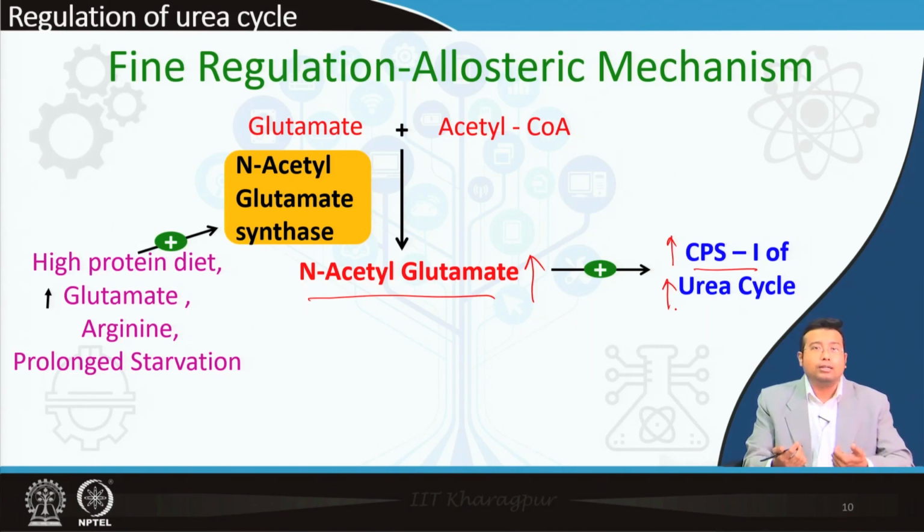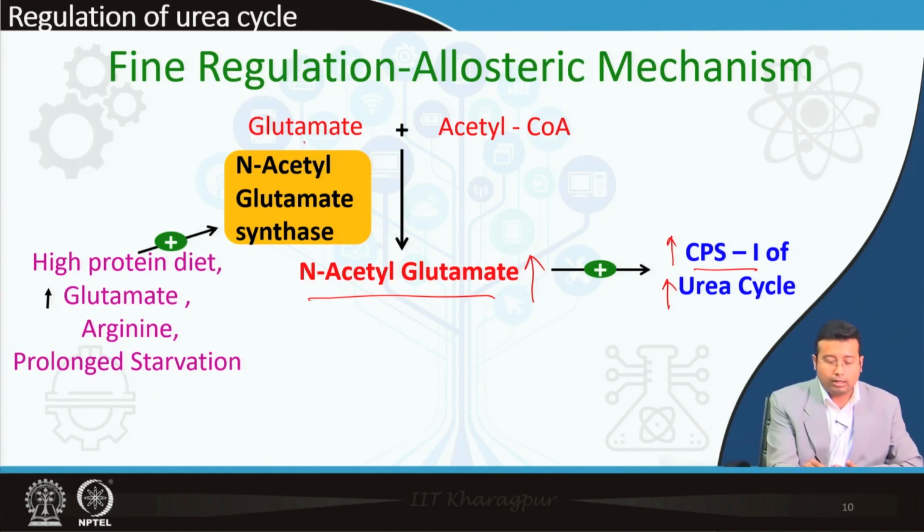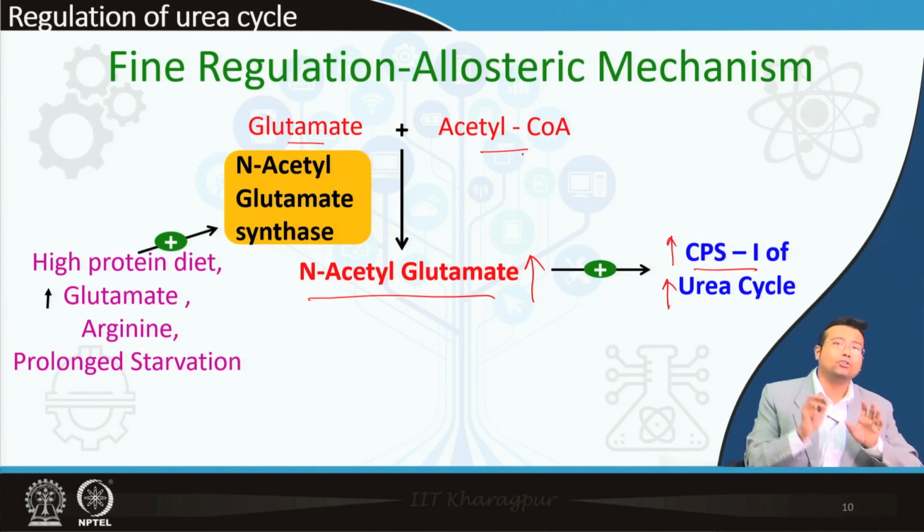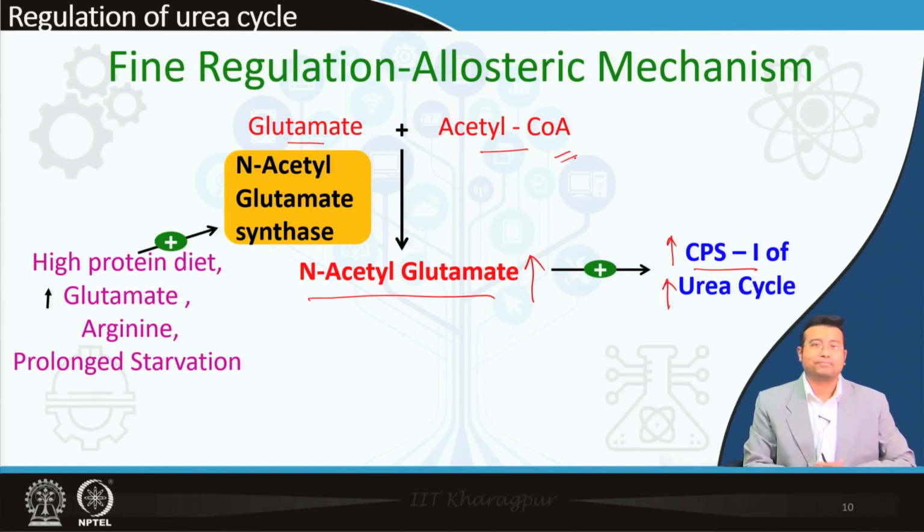We can synthesize N-acetyl glutamate in the body with the help of glutamate and acetyl coenzyme A. You already know by now the source of acetyl coenzyme A, from carbohydrate metabolism and lipid metabolism knowledge, and we also know how glutamate is produced, right.